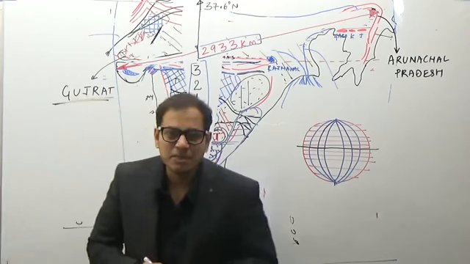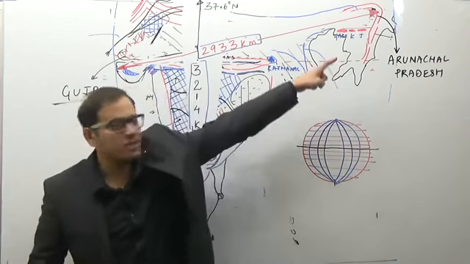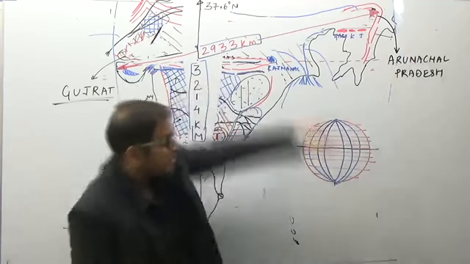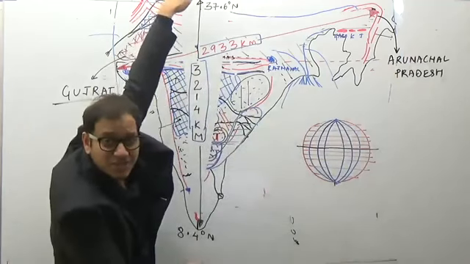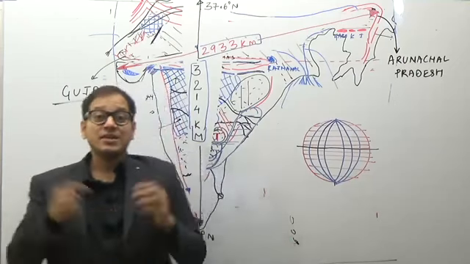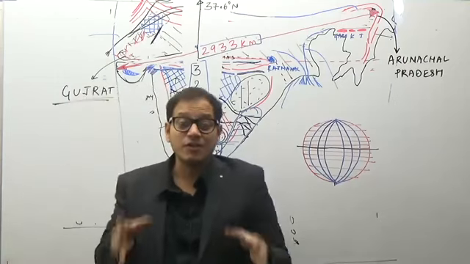So the maximum distance in India is from Arunachal Pradesh to Gujarat in the east-west, while in the north-south the maximum distance is from Kashmir to Kanyakumari. So this is the distance of India.